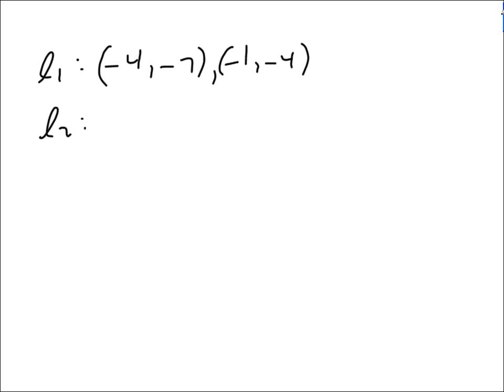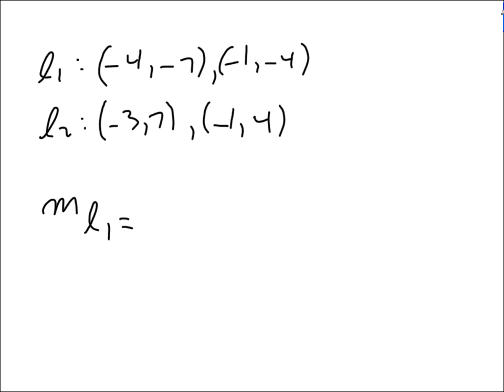Okay, how about line 1 contains (-4, -7) and (-1, -4), and line 2 happens to contain (-4, 7) and (-1, 4). Let us find the slope of line 1.